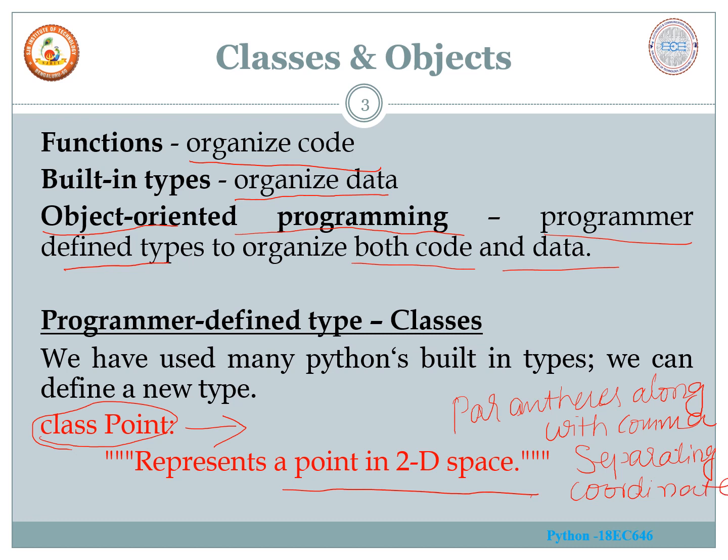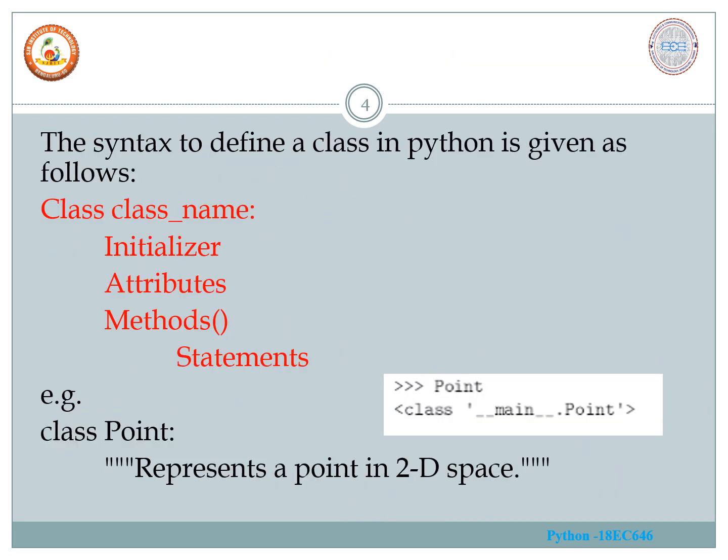So if we try to represent the points, we will represent it as (0, 0), closing the parenthesis. Say, for example, (x, y) represents the point x units to the right and y units from the origin.